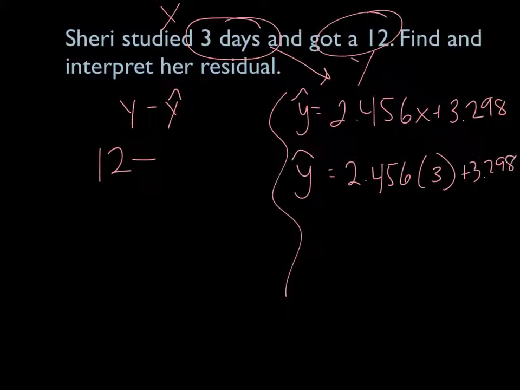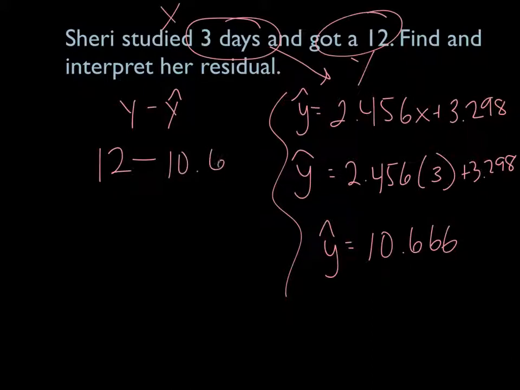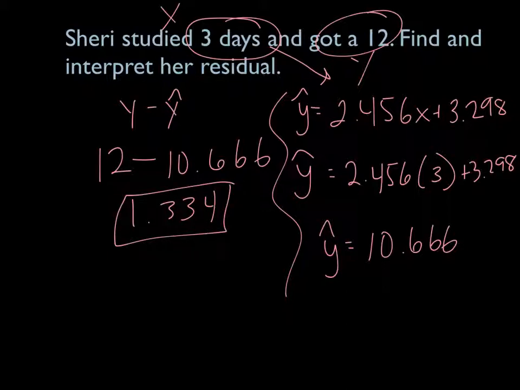You can use a calculator. And I get that we would predict her score to be a 10.666. So that's what we would predict based on her 3 days, but she actually got a 12. So 12 minus 10.666 is 1.334. There's her residual.